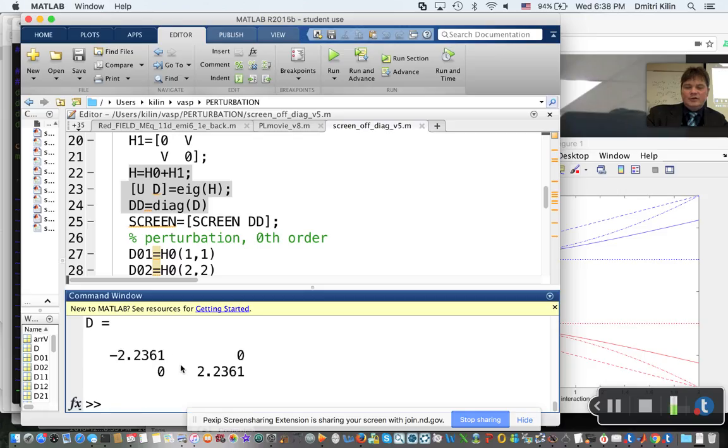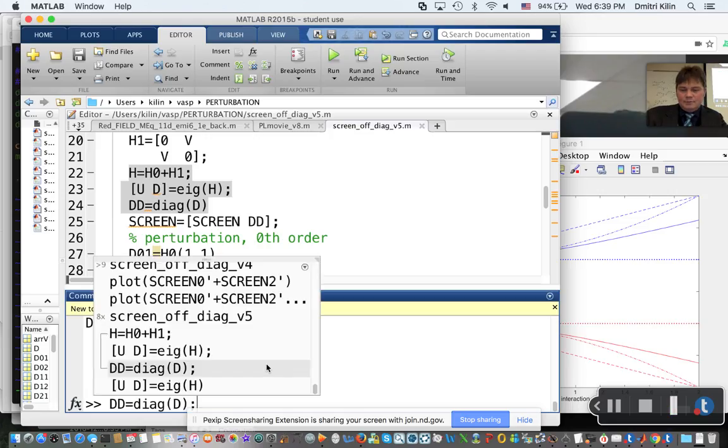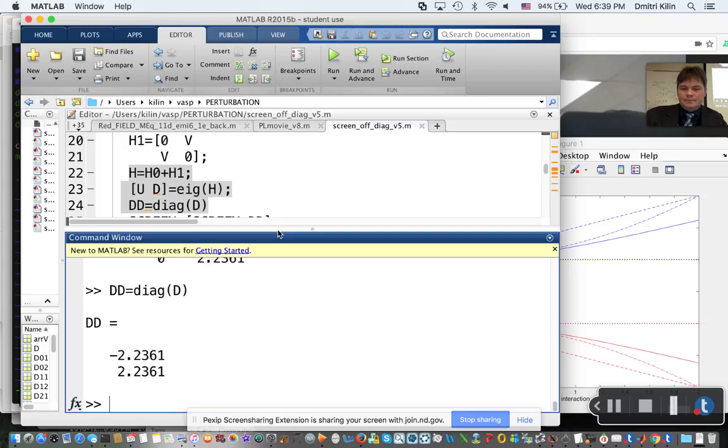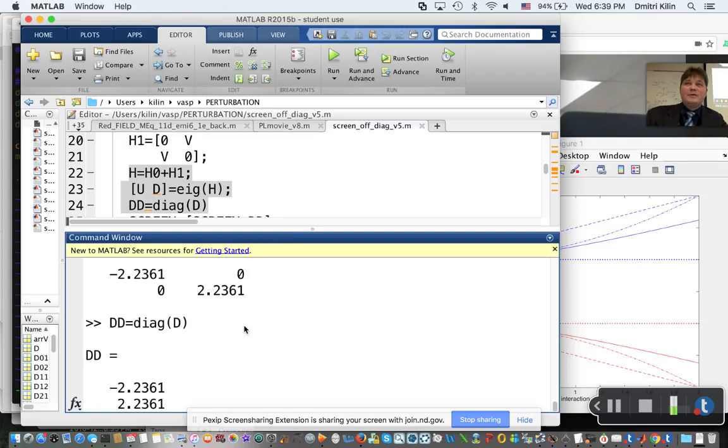Eigenvalues will be on the diagonal, and eigenvectors will be amplitudes of probabilities that the new state is distributed over the basis states of the unperturbed, which we will skip for now, otherwise it will be too long. The energies are stored in the matrix, but we do not need the matrix. We need just two values. So this command, dd equals diagonal of d, will just parse the diagonal values of the matrix.